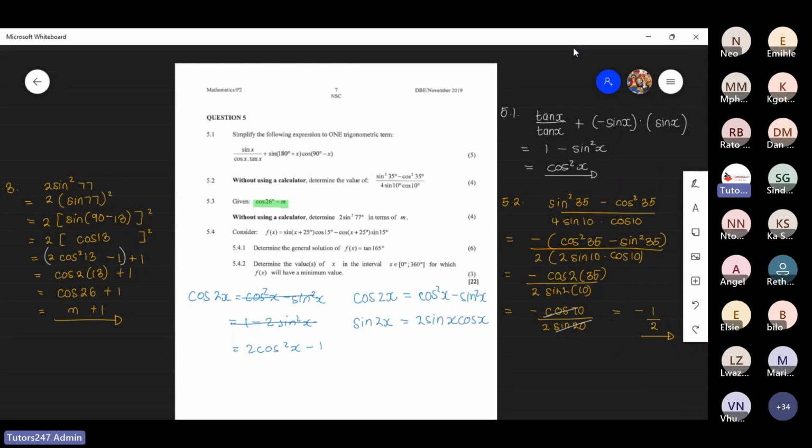You don't even need to put that in your question. I wanted to highlight that the part in the white brackets turns into cos 2 of 13. Does it make sense? Yes, sir, it does. Thank you.